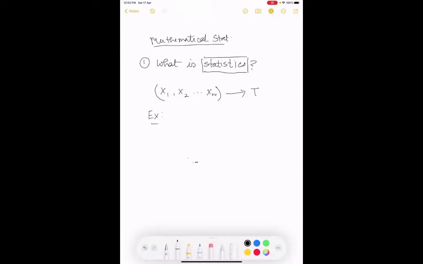Suppose I am asking everybody how many mathematics books you own. I'm assuming that the number of mathematics books a person owns is some random number, because in life we do not exactly assume that I'll have only exactly 20 books or 30 books. That never happens.